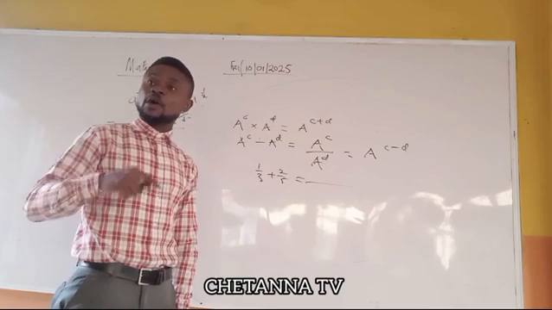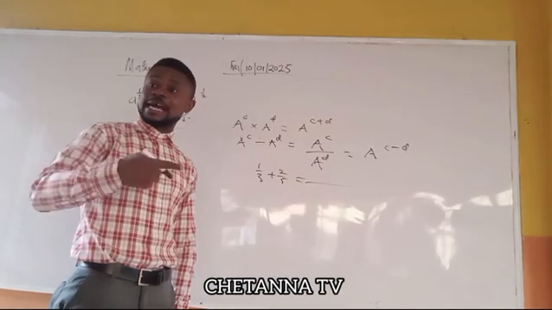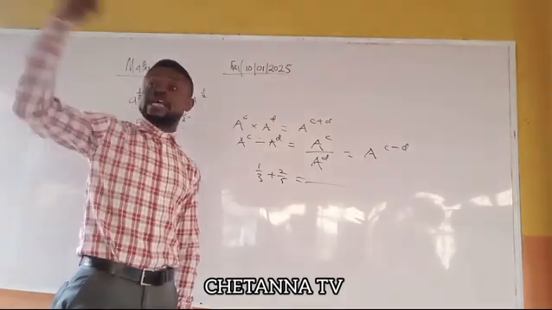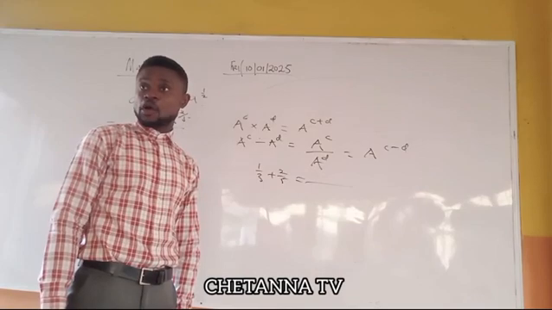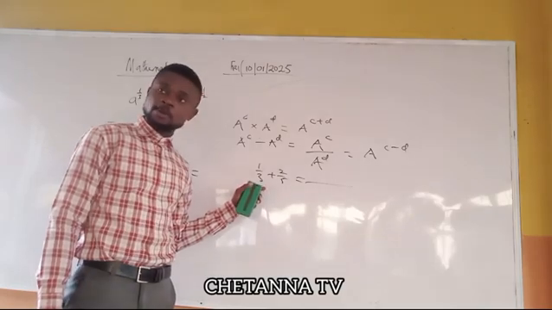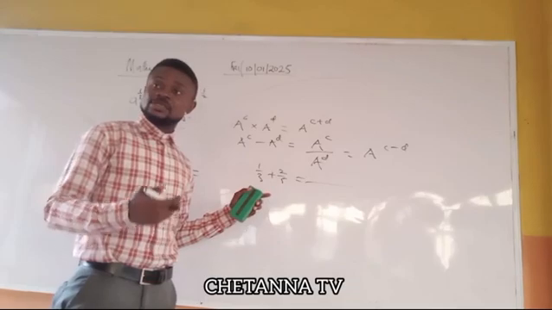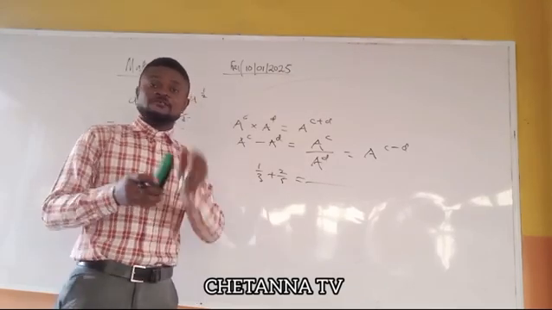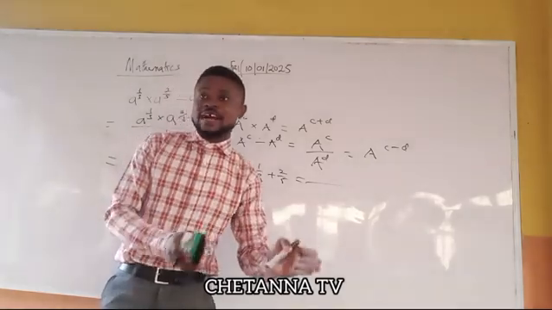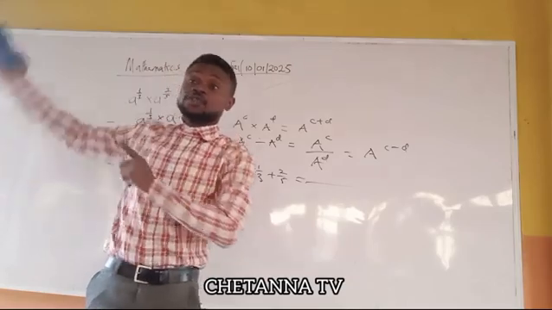So a multiple of a number is a number that you get by multiplying that number. If 2 is a factor of 4, then 4 is a multiple of 2, just the opposite.